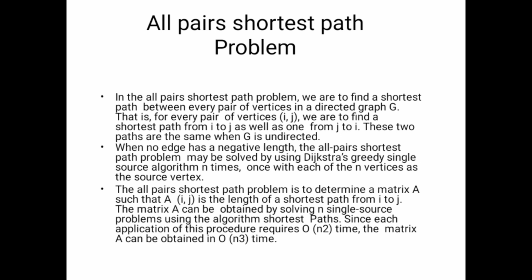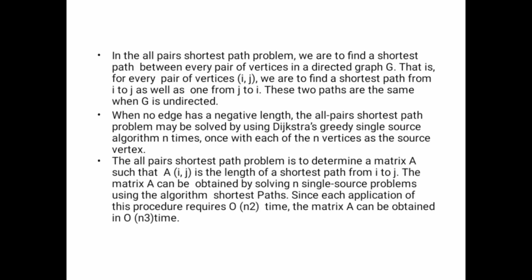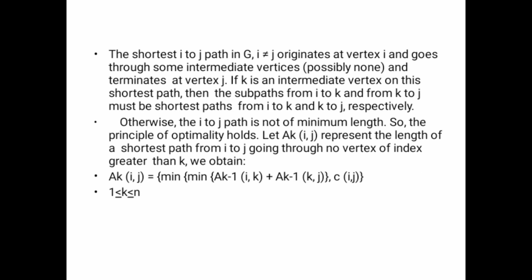The matrix A can be obtained by solving the single source problem using the shortest paths algorithm. Since the application of the procedure requires big O of n square time, the matrix A can be obtained in big O of n cube time. The shortest path i to j in G, if i not equal to j, originates at vertex i and goes through some intermediate vertices and terminates at vertex j.